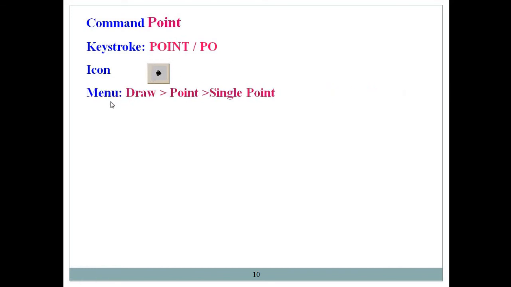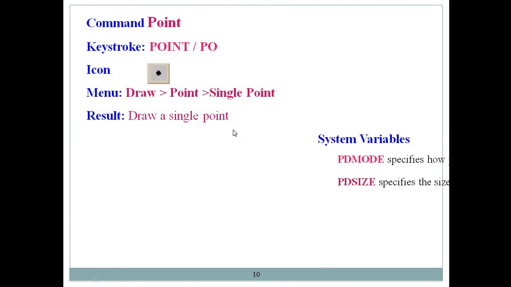In the menu, go to Draw, then select Point, then Single Point. This is the menu option. It is also available in the toolbar: go to Draw, Point, and Single Point. The result is that a single point is drawn. This is the command used for point.